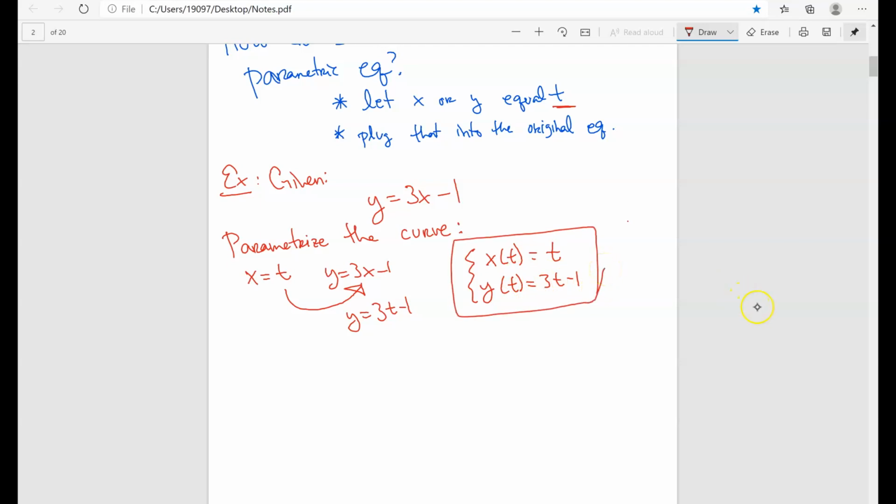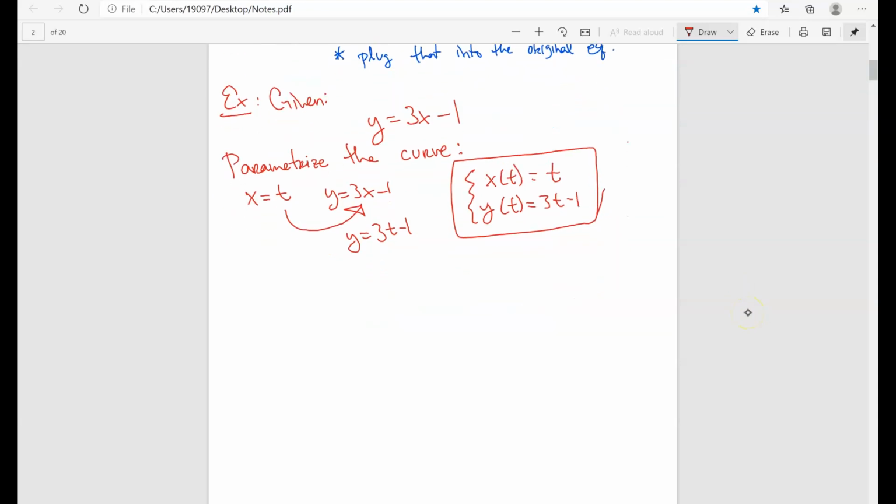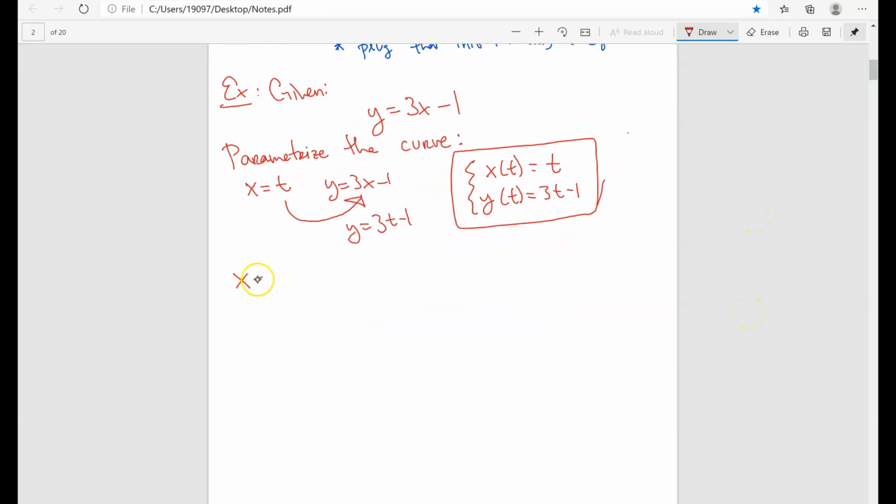Okay, so is this the only way that we can parameterize a curve? No, I could have easily said, let x equals 2t plus 1. If I let that happen, then y is going to be something different. So now I'm going to plug in 2t plus 1 into x, then you're going to have a minus 1 on the outside. Do a little bit more work: 6t plus 3 minus 1.